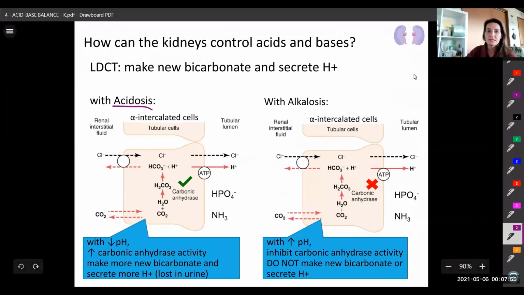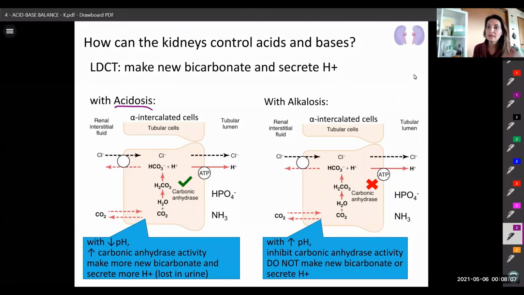With acidosis, we see a decrease in pH, right? Which means carbonic anhydrase is activated, and these cells would be making new bicarbonate and secreting hydrogen ions. Those hydrogen ions are going to be lost in the urine, right?